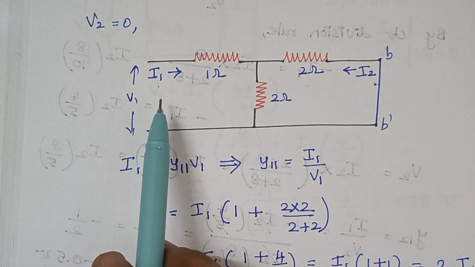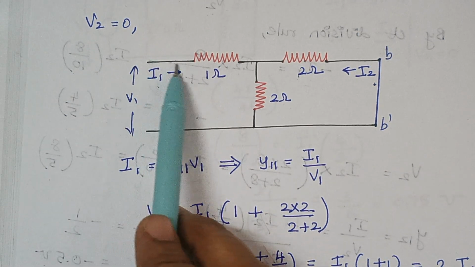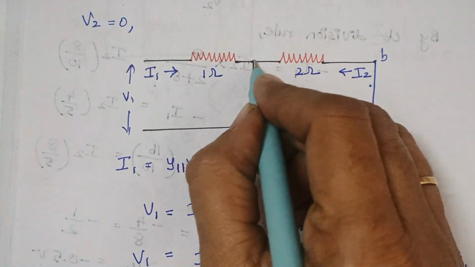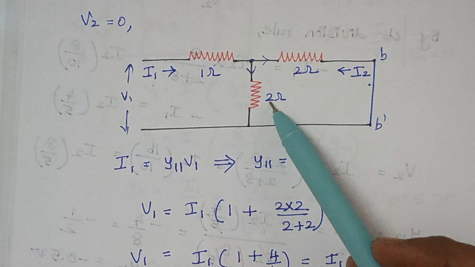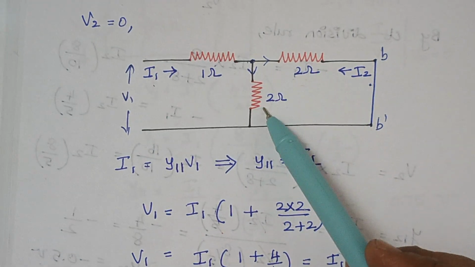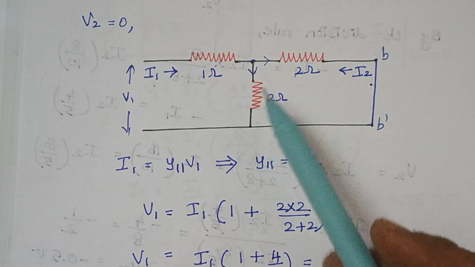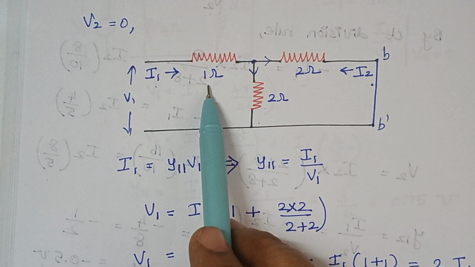So how to find the impedance here? You see the current I1, once it reaches this node, it gets divided into 2. What does this mean? These two resistors are connected in parallel and that combination is in series with this 1 ohm resistor.